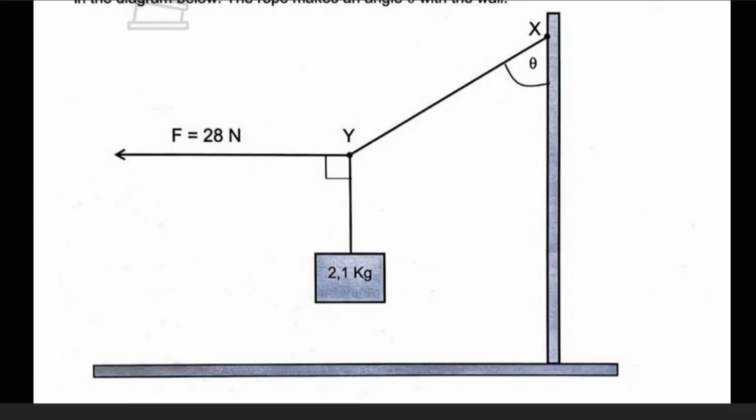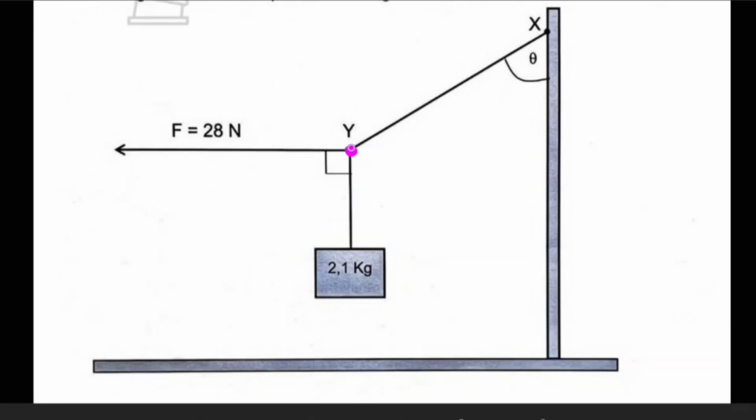If you look at the diagram, that central point that experiences the tension in these ropes, as well as the force of gravity, the weight of this block pulling it down, is point Y. So you need to understand what your main point is, and in this case, it is point Y. Now let's start off by understanding this diagram and the forces that are going to be exerted on Y.